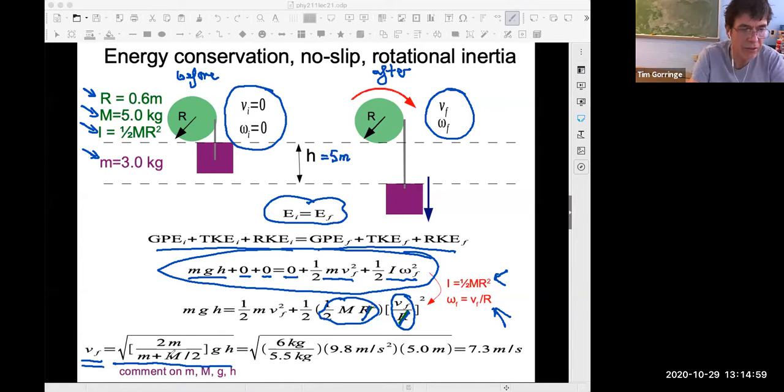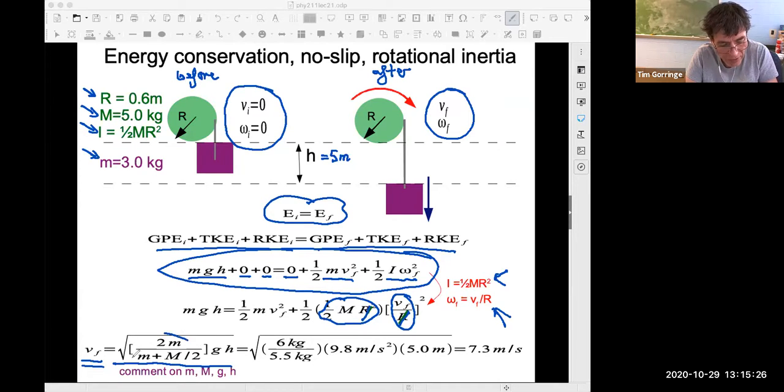Again, there are a lot of things that make sense about that equation. The final velocity depends on there being gravity. The bucket falls because of gravity, so it's not surprising to see the acceleration of gravity here. The speed of the bucket depends on the height that it fell. The further it fell, the greater the speed. That makes sense. And then there's this factor, which is just a number ultimately.